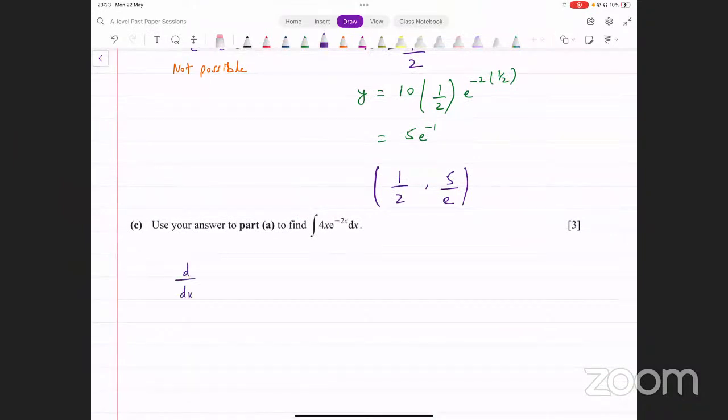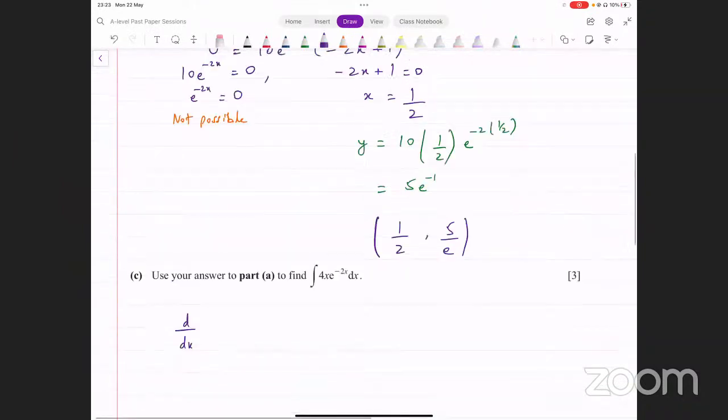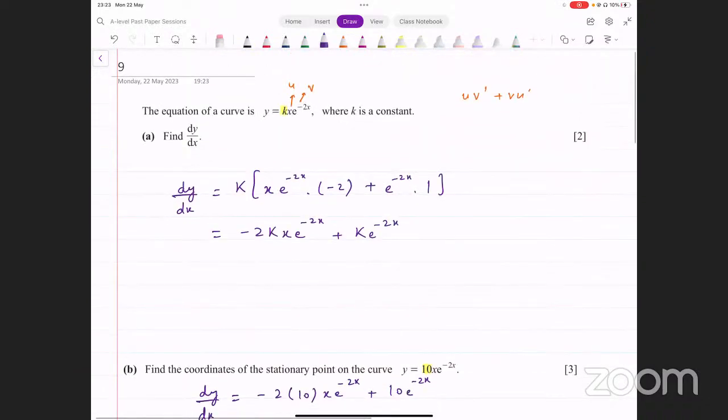In the first part, what we did is we had a function which was kx e raised to power minus 2x.